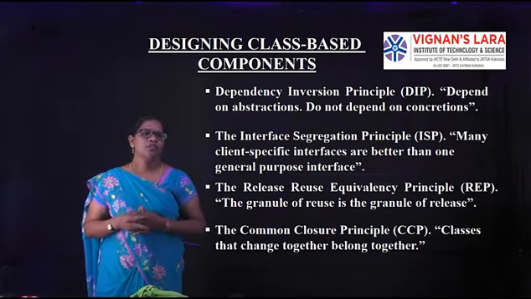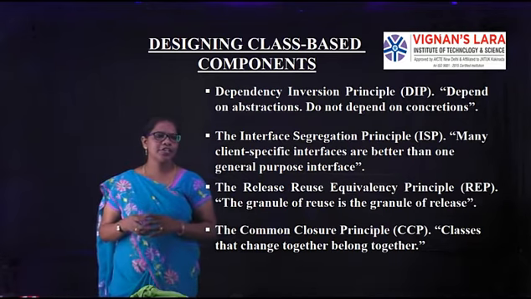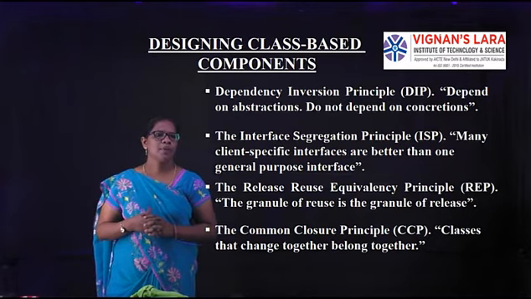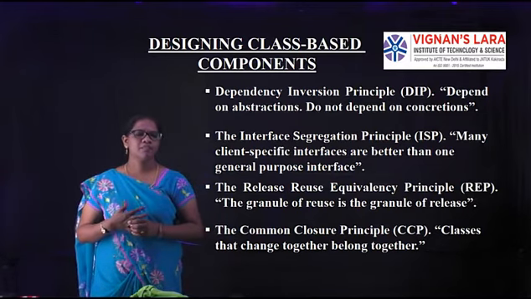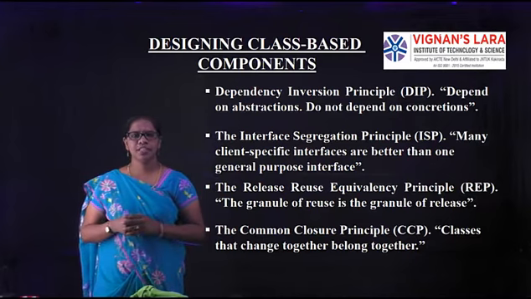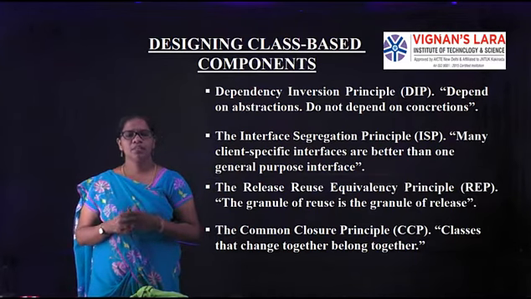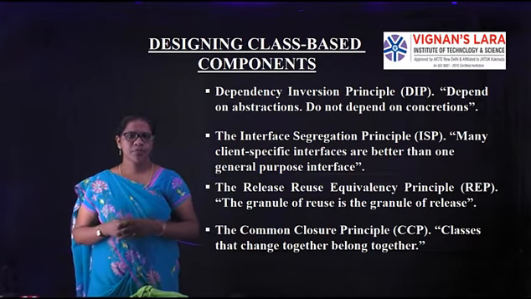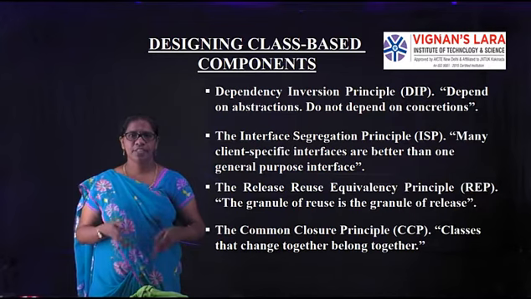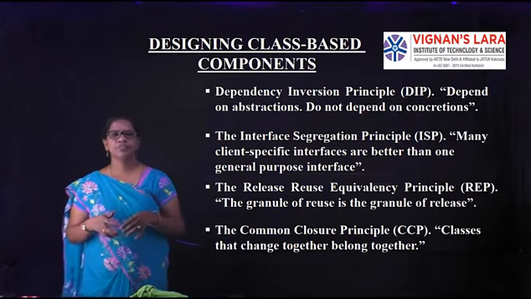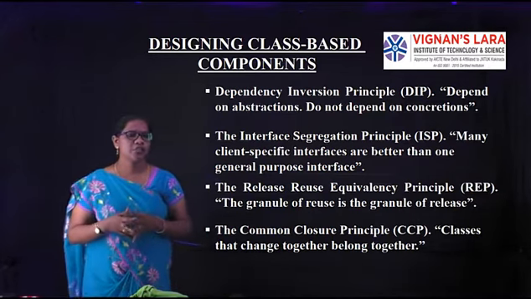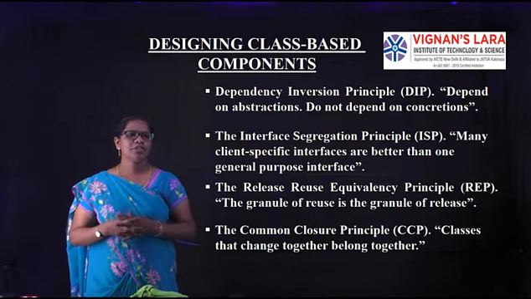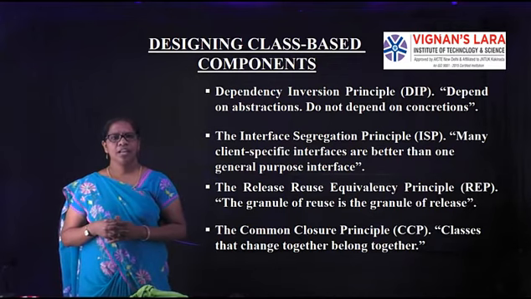The fourth point is the interface segregation principle, ISP. Many client specific interfaces are better than one general purpose interface. Interfaces are things like elements and graphical icons. The mouse is one interface, the keyboard is one interface, the joystick is one interface.